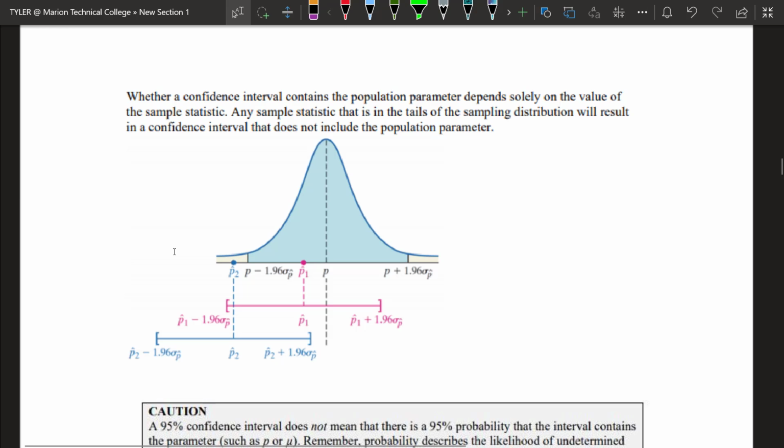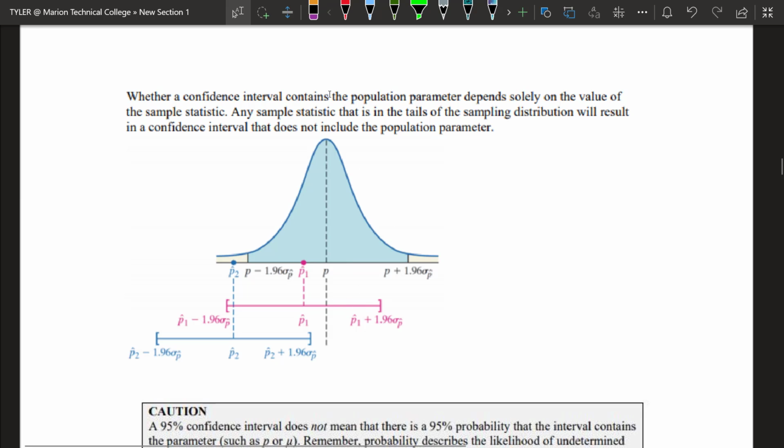Right? So then to show that a little more visually, it says, whether a confidence interval contains the population parameter depends solely on the value of the sample statistic. Any sample statistic that is in the tails of the sampling distribution will result in a confidence interval that does not include the population parameter, right? So here's a drawing of what we had. This is still 95%.